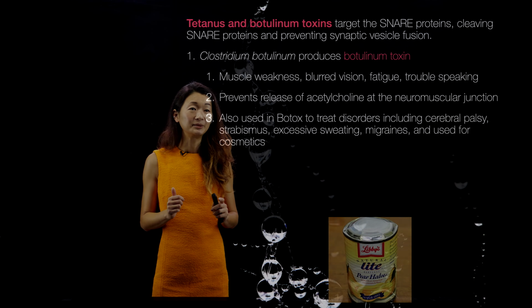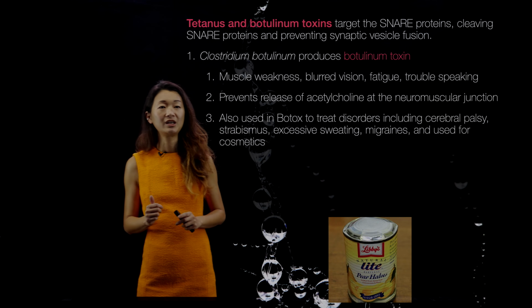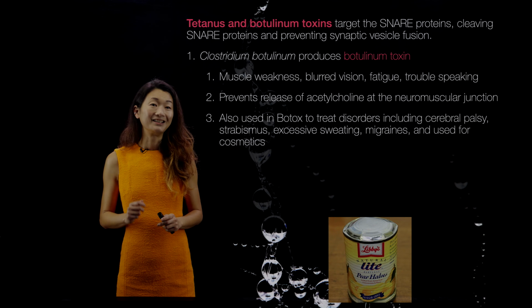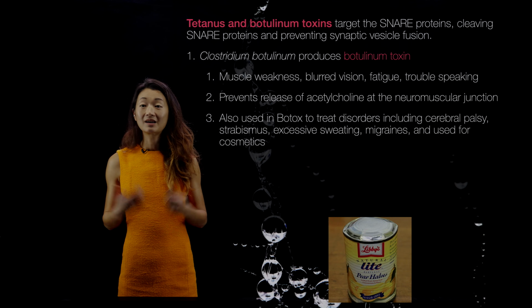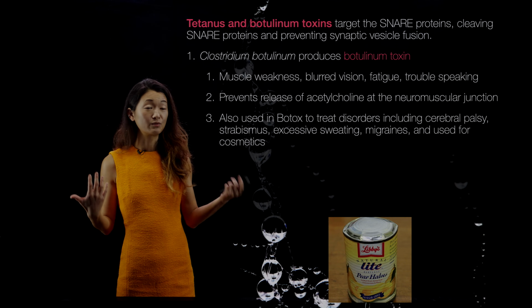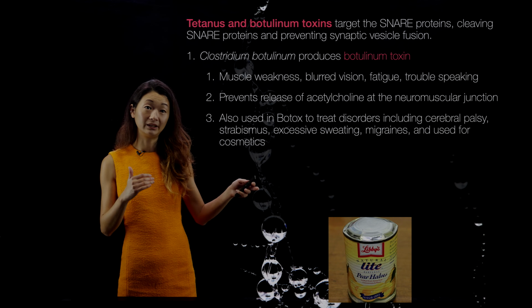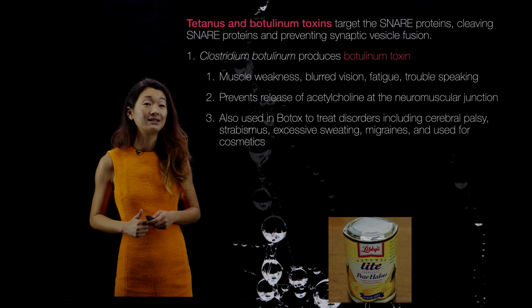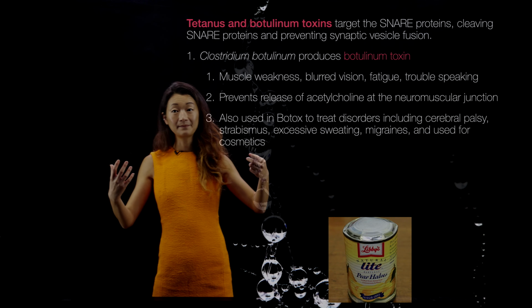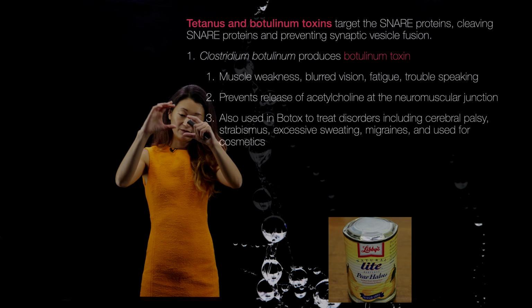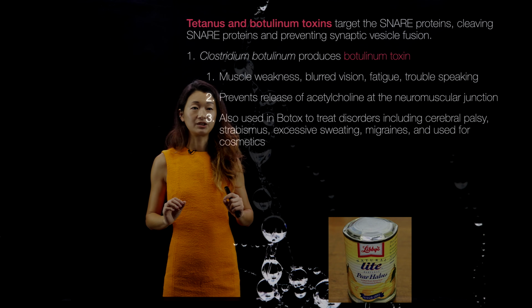In particular, a bacterium called Clostridium botulinum produces what's called the botulinum toxin. This toxin, if it gets inside your body, causes muscle weakness, blurred vision, fatigue, and trouble speaking, all symptoms of your inability to control your muscles. It does so because it prevents the fusion of the acetylcholine neurotransmitter vesicles, so they are not released into the neuromuscular junction.